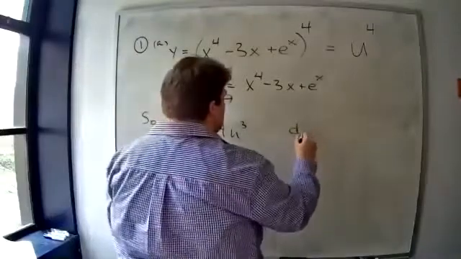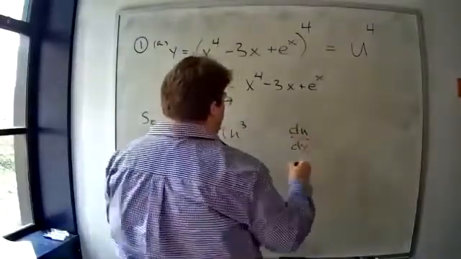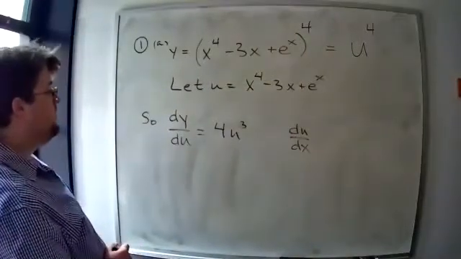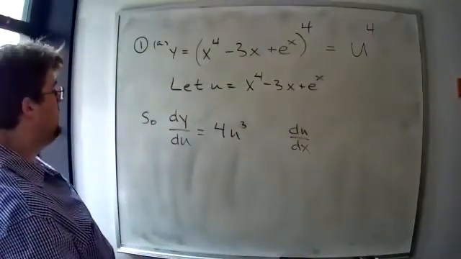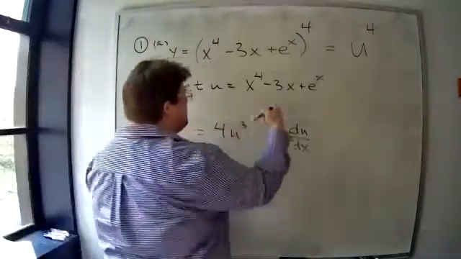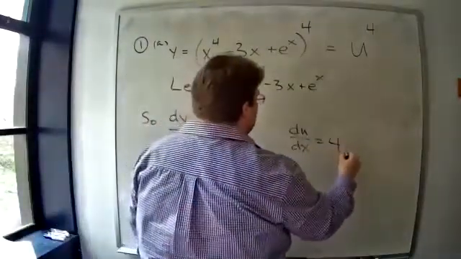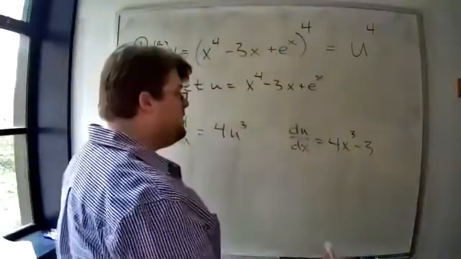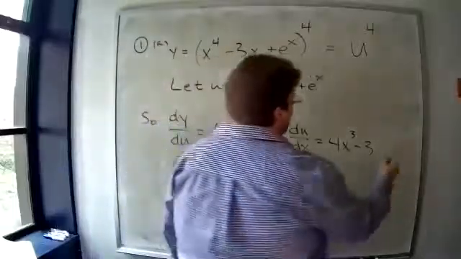Du dx, we can again take the derivative using our 4 pages of derivative rules. We get 4x cubed minus 3, and the derivative of e to the x is itself.